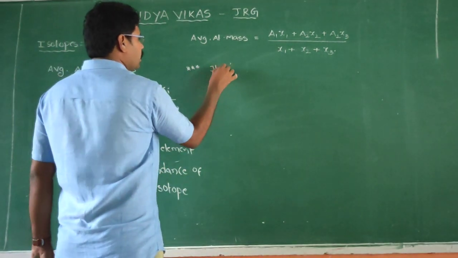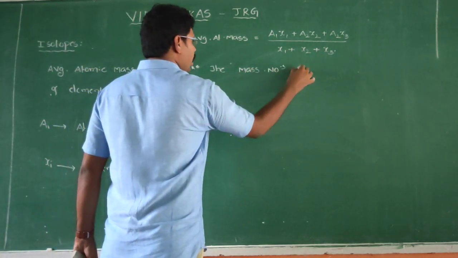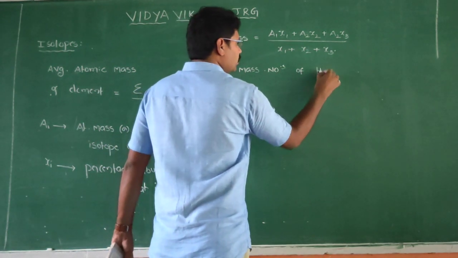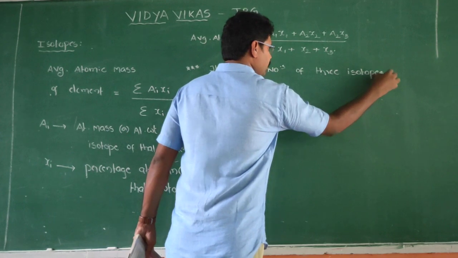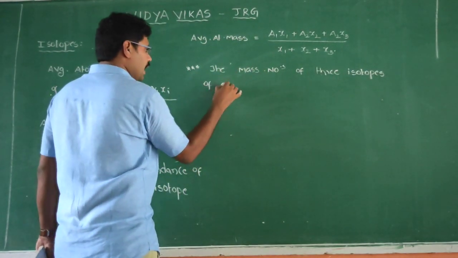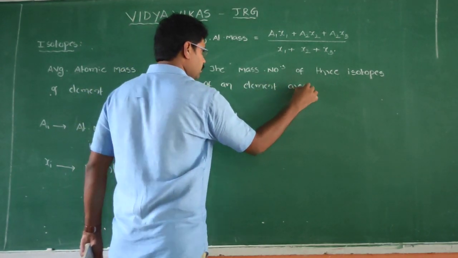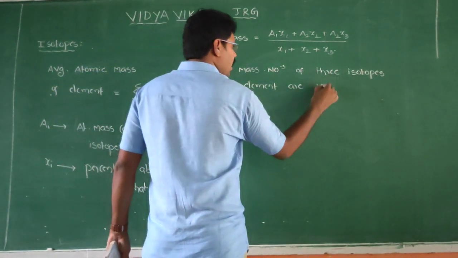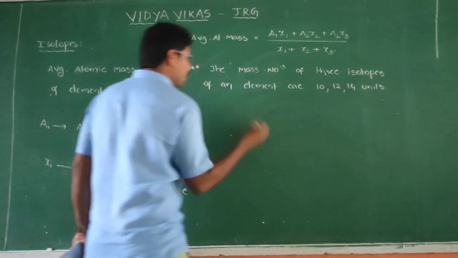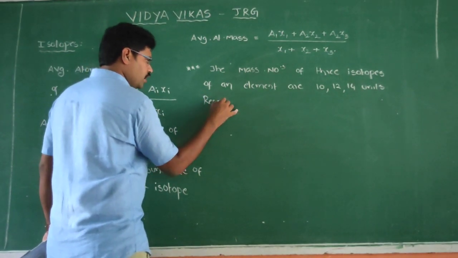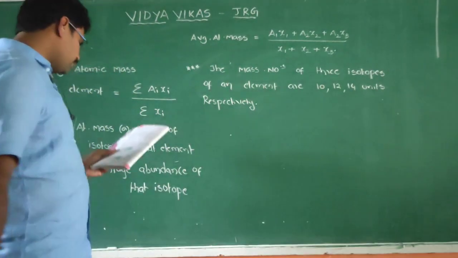Please look at the mass numbers of 3 isotopes of an element, dear students: 10, 12, 14 units respectively. Keep in mind, it is already given, the mass numbers of 3 isotopes.